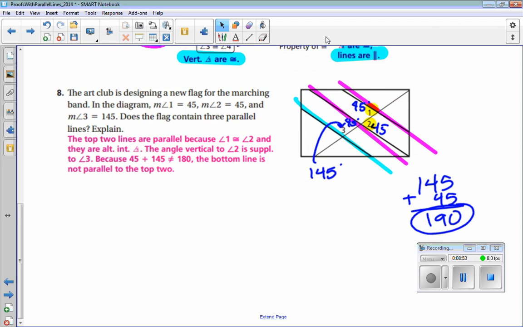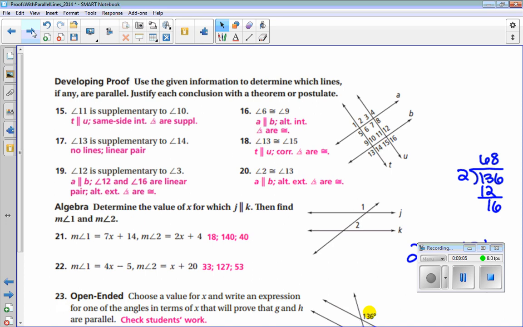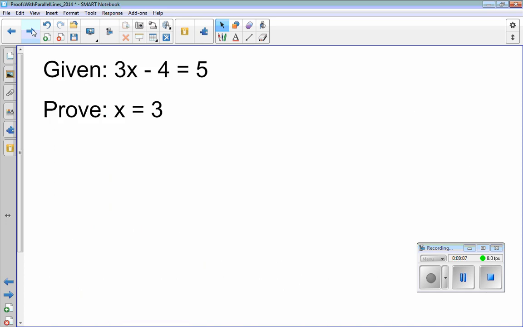Your test will be next Tuesday, okay, on parallel lines. So your homework is going to be to review for your test. We're going to look at the proofs. Now, proofs for our part is going to be extra credit on your test, okay? Next Tuesday you have a test on all parallel lines, everything we've done so far.